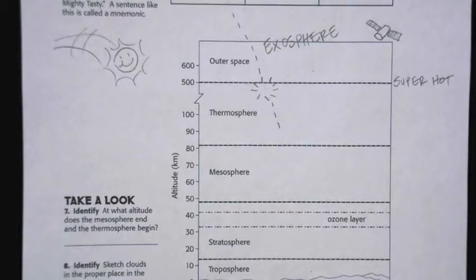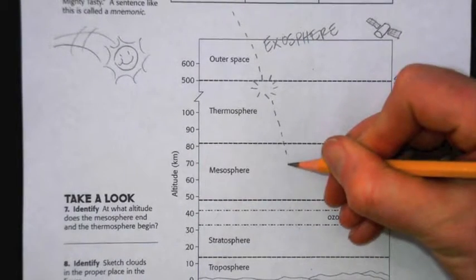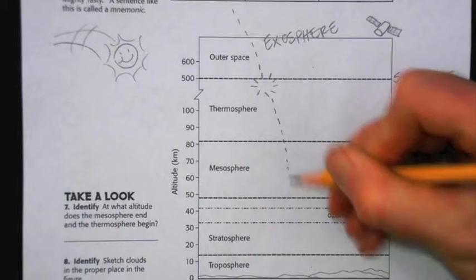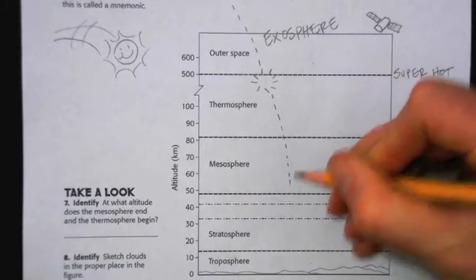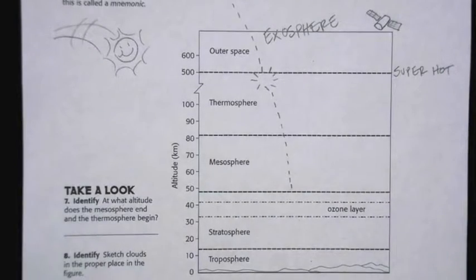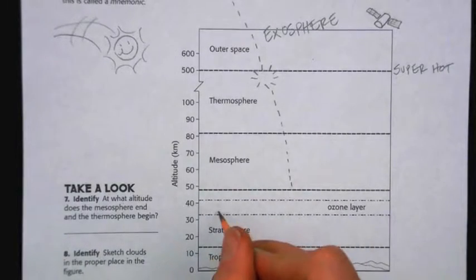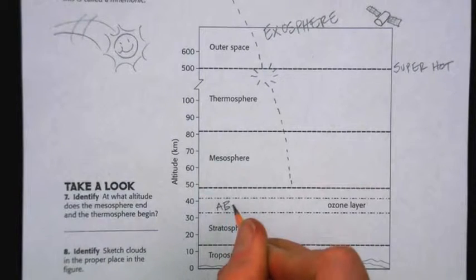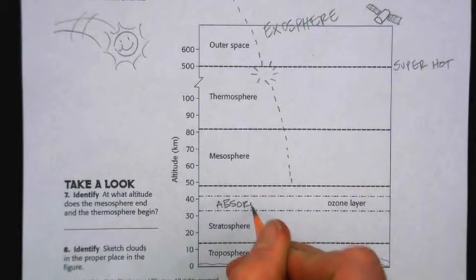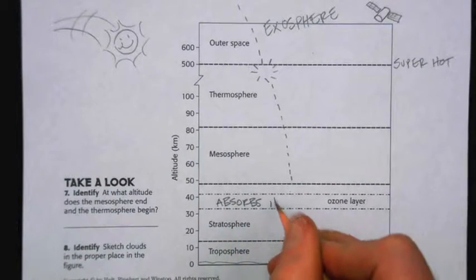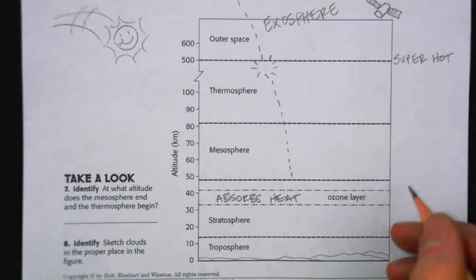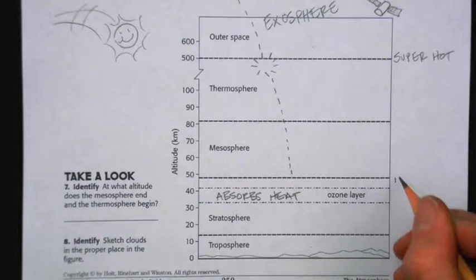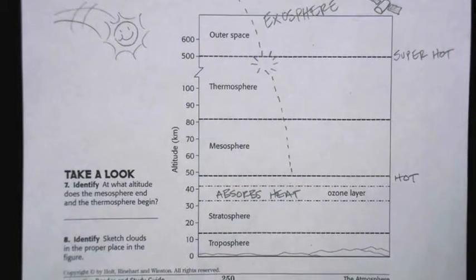There's so little density. The majority of the matter or gases in the atmosphere really begin at the top of the stratosphere. Near the top of the stratosphere is the ozone layer. Many important heat-absorbing gases or ozone gases collect in this layer of the atmosphere. Because these gases react so strongly to the sunlight, this again is a hot layer of the atmosphere.